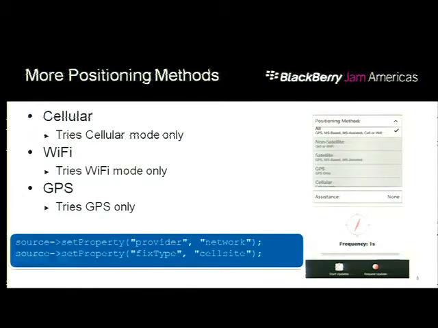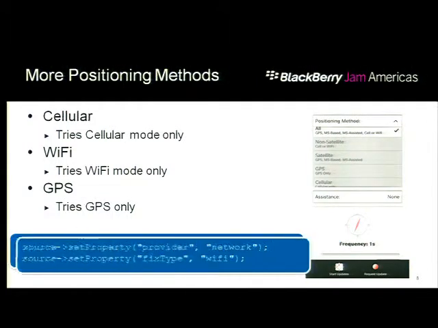So to do cellular fixes only, you set the property called provider to network and set the property called fix type to cell site. Once you've done that, the location manager will know that you want only cell site fixes, so that's all it's going to try. To do Wi-Fi fixes, you set provider to network and fix type to Wi-Fi.